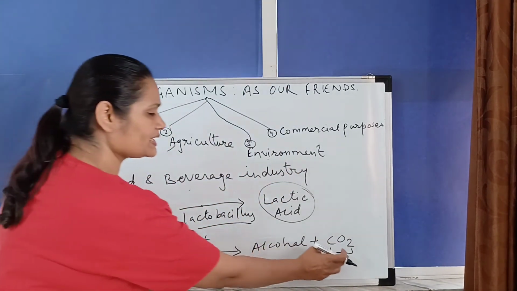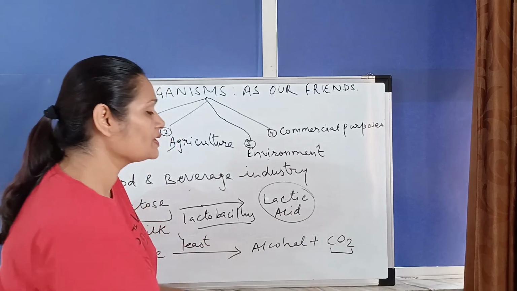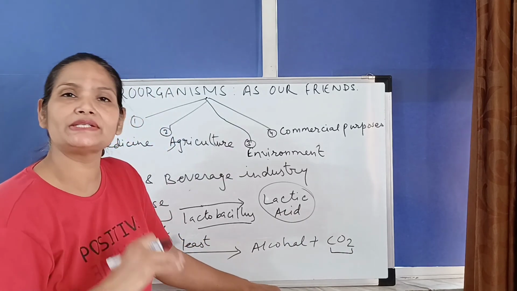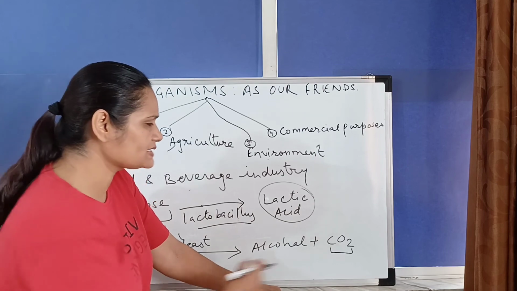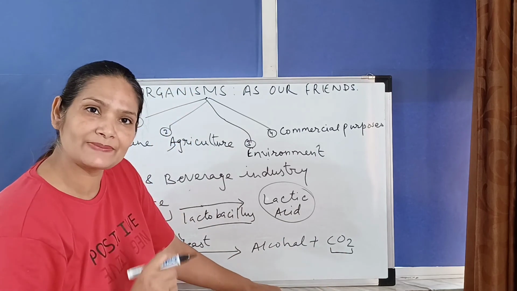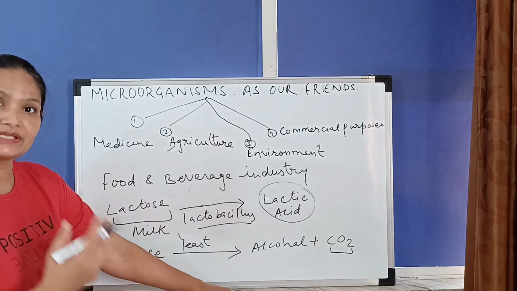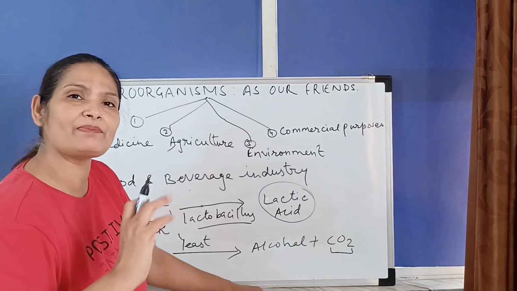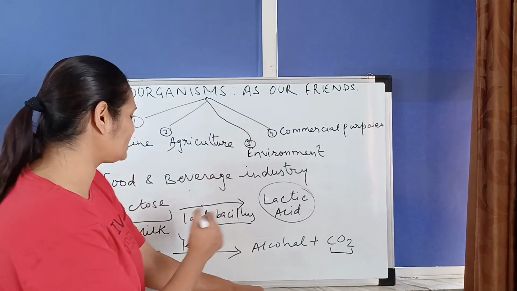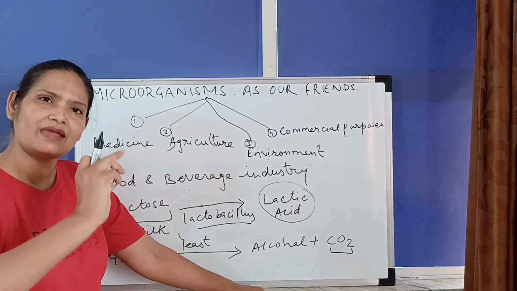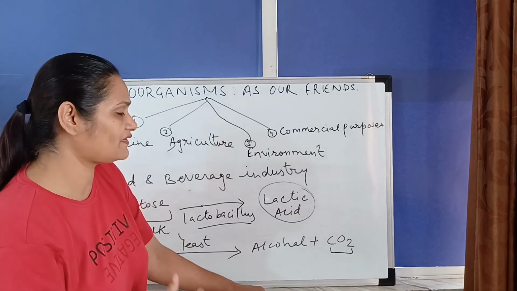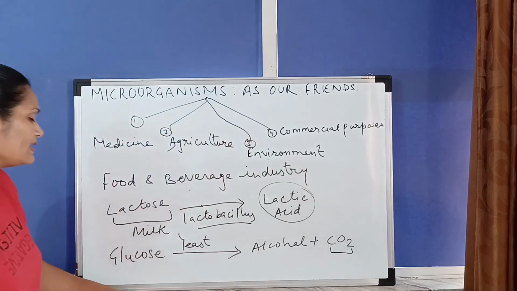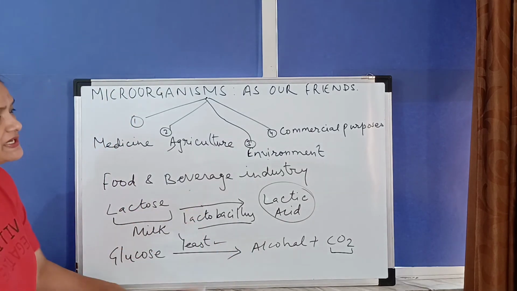As carbon dioxide is a component of air, it generates air pockets in the batter that is made for either bread or cake. Yes, so it generates air pockets, and these air pockets make the bread or the cake fluffy. When the batter is baked, air pockets are seen inside, and that is how it becomes spongy or fluffy, right? So that is why yeast is called the baker's friend.